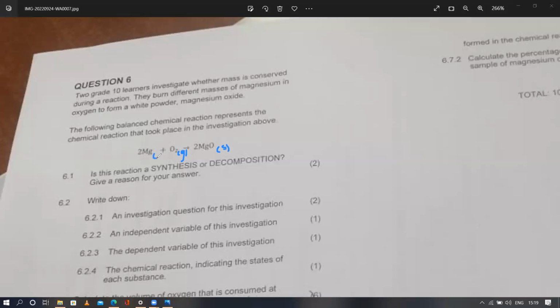Because a powder is a solid. It's not in water, it's not a liquid, nor is it a gas. So it's solid. It just has a very high surface area. So I think the magnesium too has to be a solid.